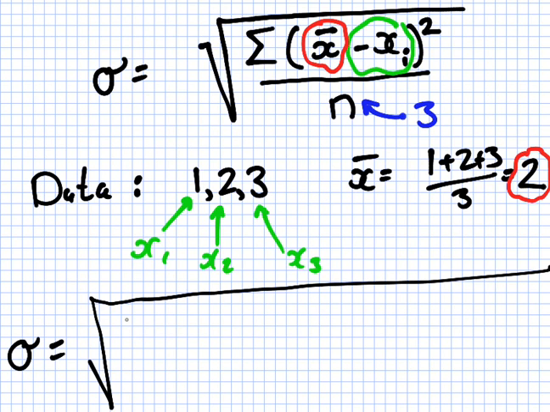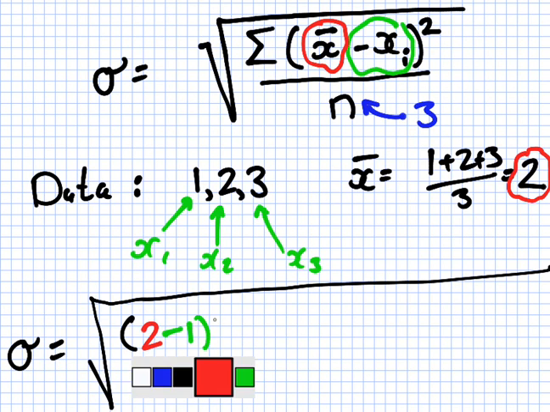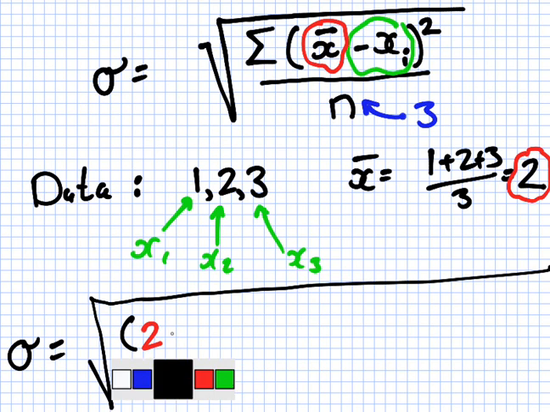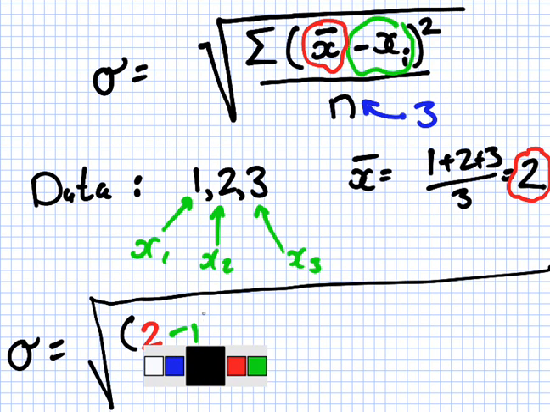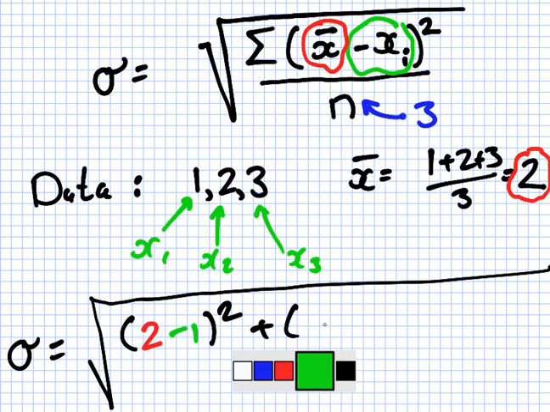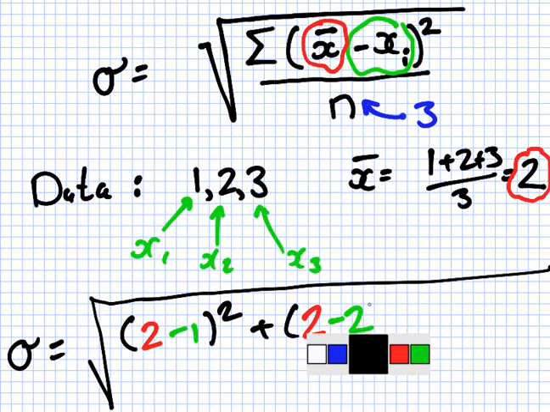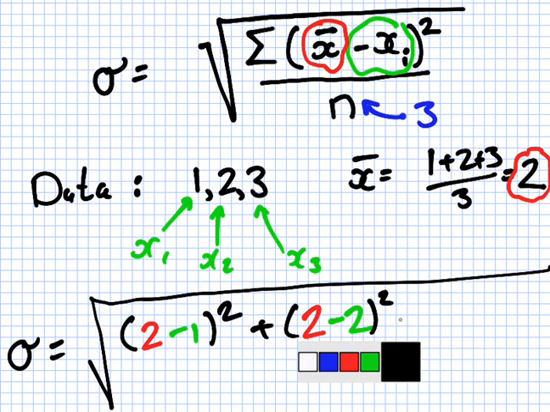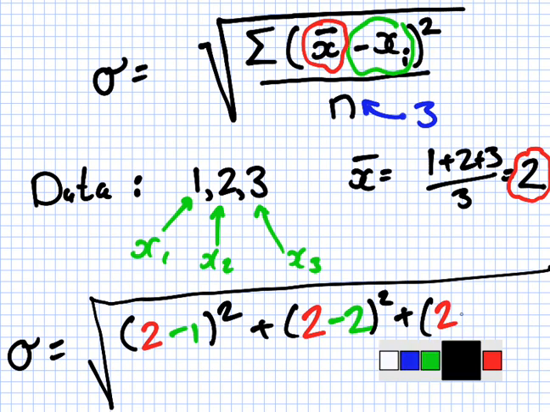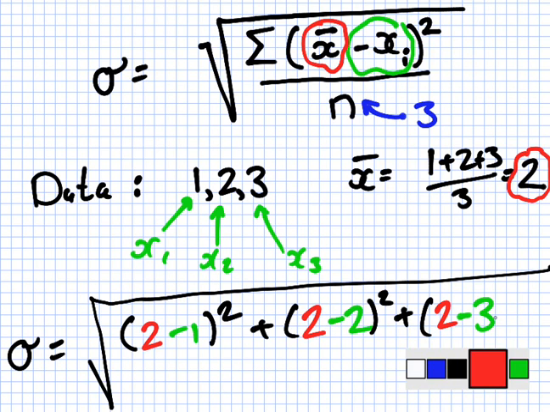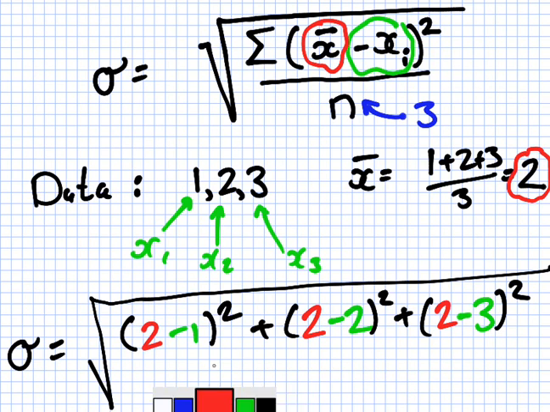Square root. So what we do is we do 2, I'll do it in red here, the average minus the data, squared, plus the average minus the next piece of data, squared, plus the average minus the next piece of data, squared, all over 3.